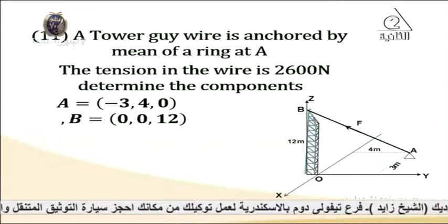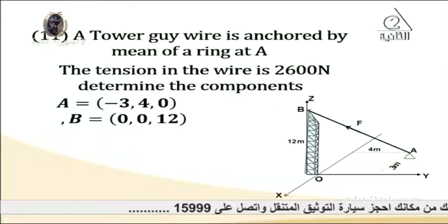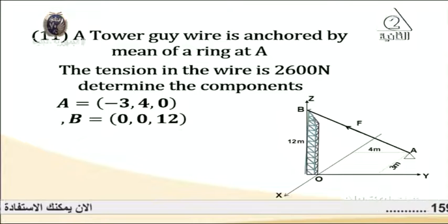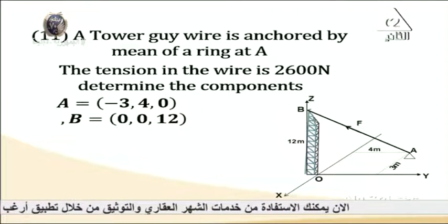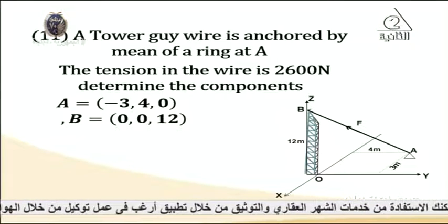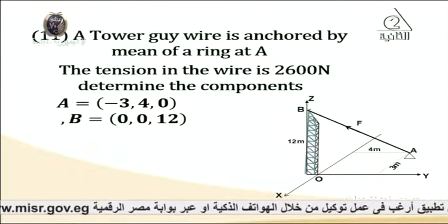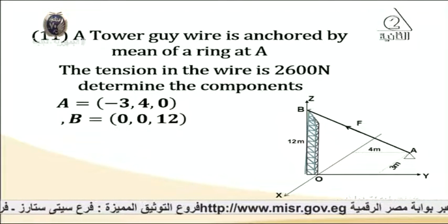Point B is (0, 0, 12), because it lies on the z-axis. But point A is in the xy plane: x equals -3, y equals 4, z equals 0.